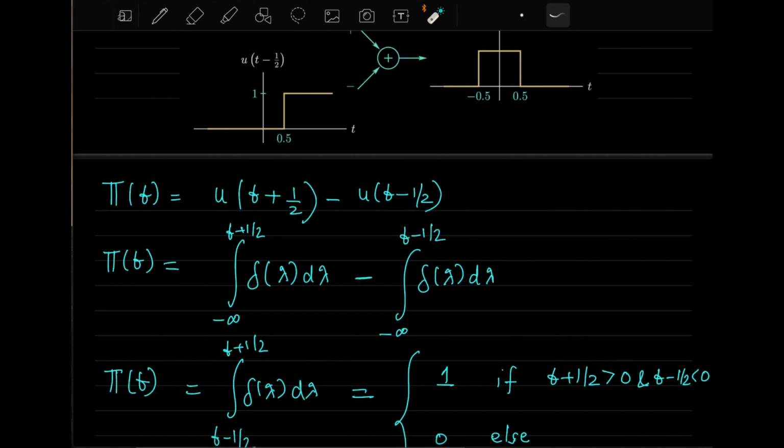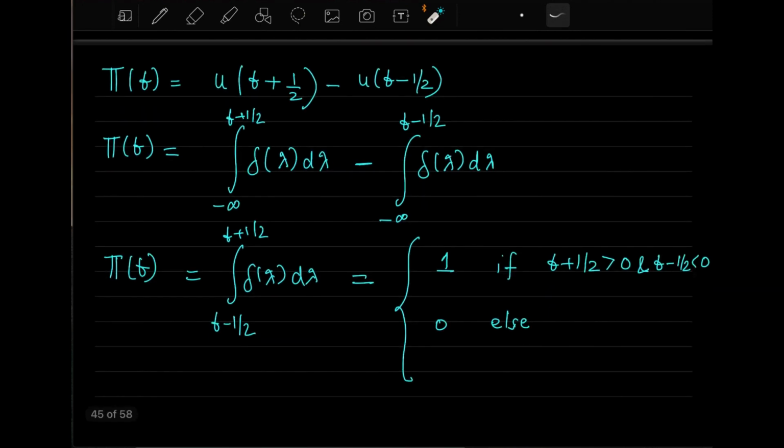So now what you observe is that even the delta functions are the fundamental building blocks which can help you to get to this pi t. If you subtract this integral from this integral, you will get it from t minus half to t plus half. The important thing to note here is that these two integrals should actually incorporate this delta function.